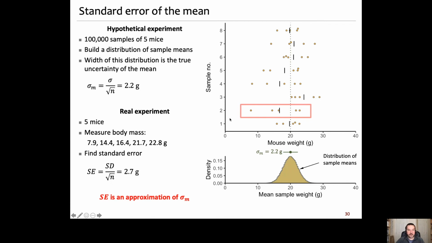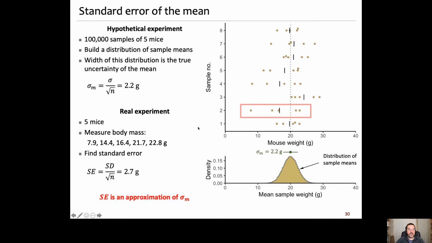The first 8 samples of this experiment are shown here. And there are 5 measurements, and the vertical line represents the mean. So we have mean, mean, mean, lots of means from each sample. We collapse them together into this plot and they build a distribution of these means.